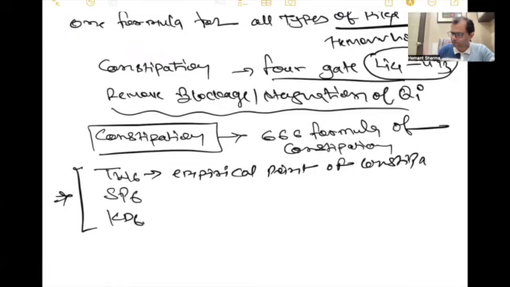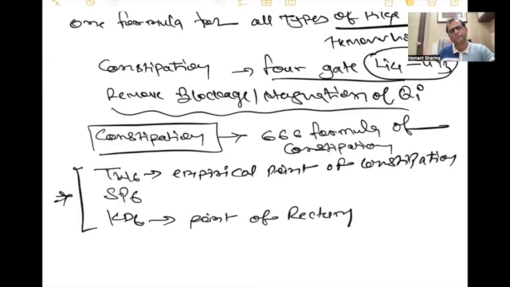This is a point for constipation that has been used for centuries. The kidney 6 is the point of rectum. Point of rectum also clears the stool. And spleen 6 is also doing the nourishment and lubrication in the intestine, so clears the stool.